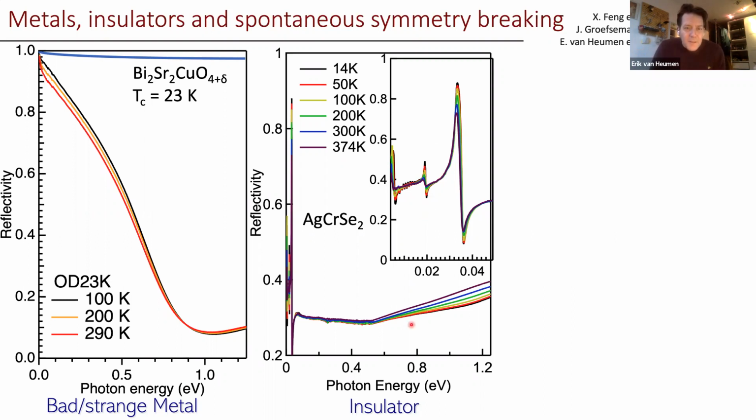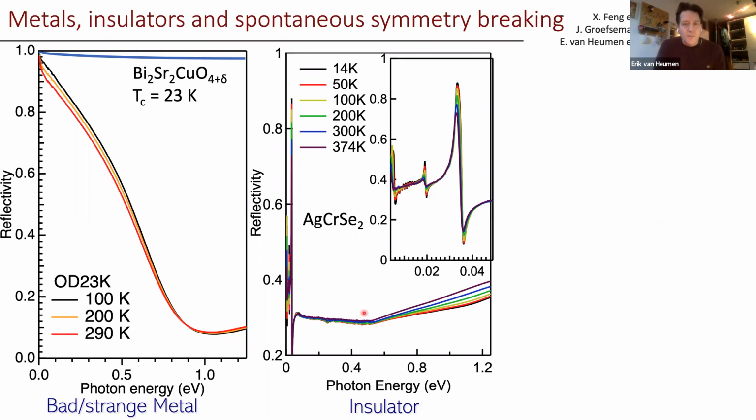Now, funnily enough, the reflectivity of this insulator is higher in the visible light as compared to this metal. So if you would actually look at these 2 materials with your own eyes, the metal would reflect a bit less, and it would look like a black mirror, more or less like my iPhone.